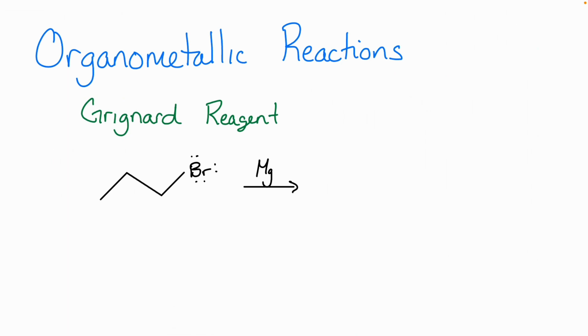The magnesium will wiggle its way in between the carbon and the bromine. And this, with this MgBr business in here, is what we call a Grignard reagent.